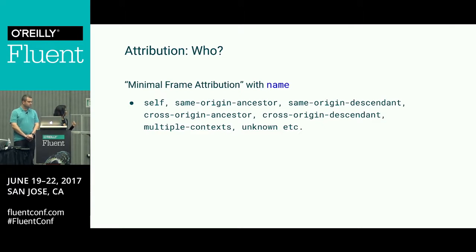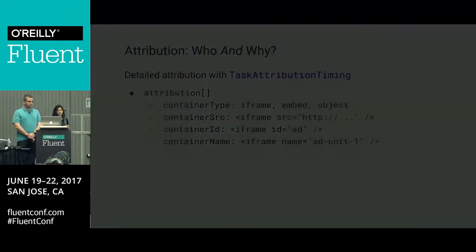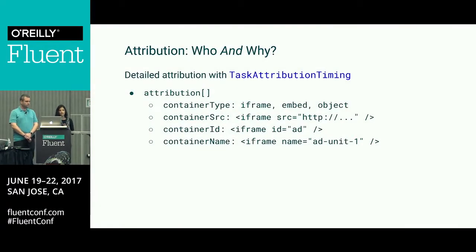This could be self, which is my own frame, a same origin ancestor, or a cross origin descendant. This ability to distinguish between first-party and third-party iframes is a really important piece of attribution available from long tasks.